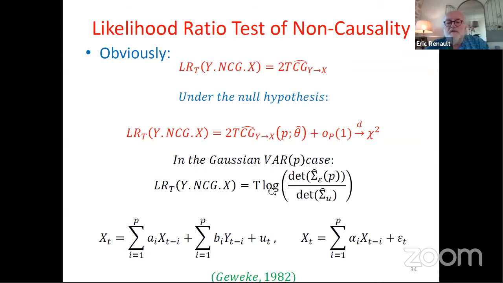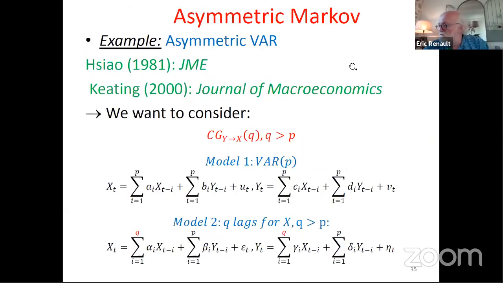Okay. So this is a likelihood ratio test, so you have standard chi-squared and everything works easily. Basically, you end up with comparing the determinant of the autoregression with and without causality. The point I've put forward that you should do lag augmentation suggests to do something else. This is something I have discovered at this time in the literature, that some people are working with asymmetric vector autoregression or asymmetric Markov.